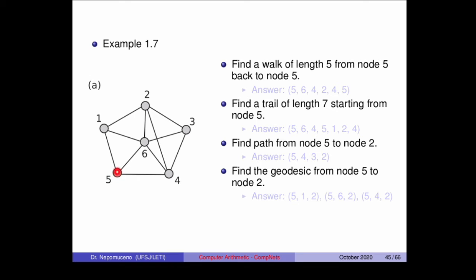You can go 5, 1, 2, or 5, 6, 2, or 5, 4, 2. In all of the solutions, you just need to visit 2 nodes. Find a cycle of length 5. So this is the answer that I have just declared here, right? And let's move on.